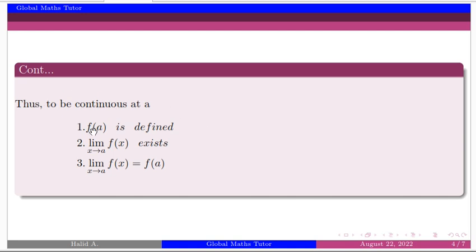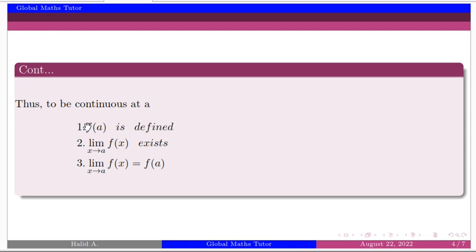So to be continuous at a, f of a must be defined, that's the first condition, and the limit must also exist. The limit of f of x as x approaches a exists if and only if both the left-hand and right-hand limits exist and they are equal.